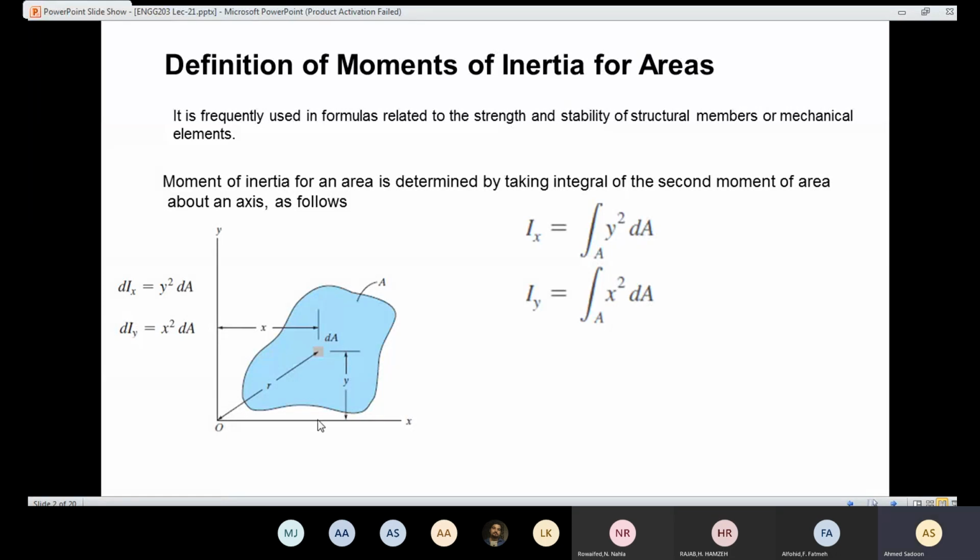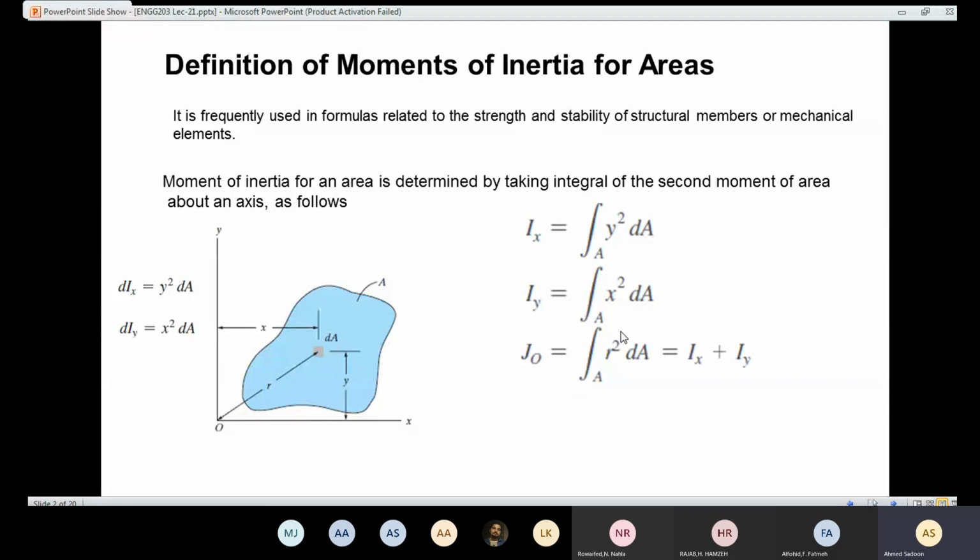Also, we could take the moment about axis r here. If I have axis r here, then the moment about the point O, we call the polar moment, and this one is very important when we deal with torsion. Later on, when we deal with torsional stresses, the polar moment of inertia is very important.